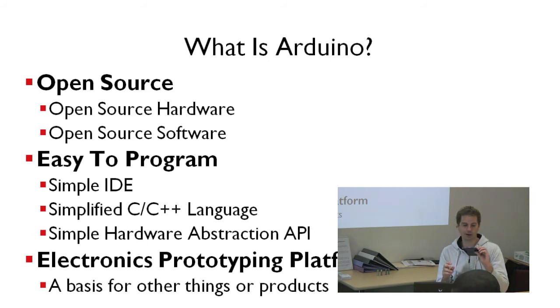Yeah, so, simple hardware abstraction layer. You see at the top we have these ones here, which are digital I/O. Digital, I think, is either 5 volts or off. So if we want to turn one on to 5 volts, we say digital write D1 on, and it will send 5 volts out on D1.